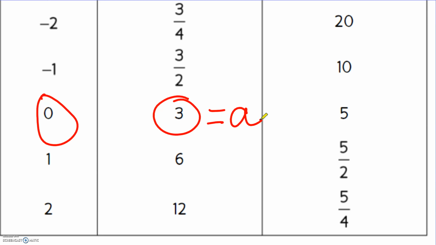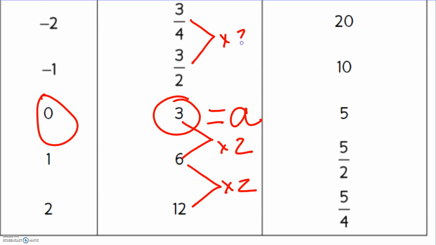To find the base, what you need to do is figure out what are we multiplying by each time? What's the pattern? If you notice here down at the bottom, to get from 3 to 6, you multiply by 2. To get from 6 to 12, you multiply by 2. And even up here on these, same thing. 3/4 times 2 is 3/2. 3/2 times 2 is 3.